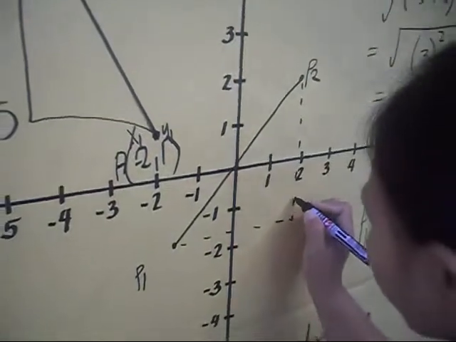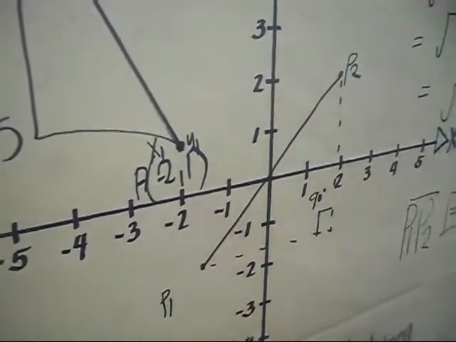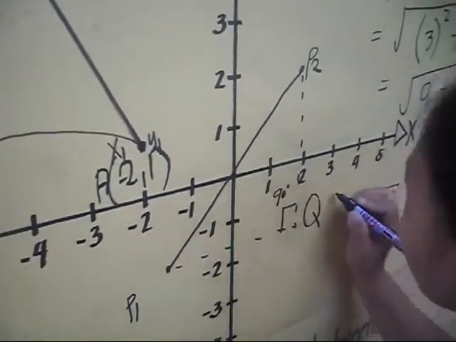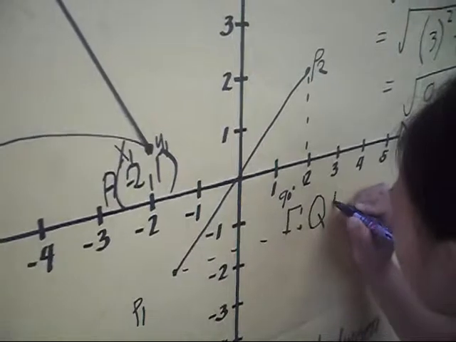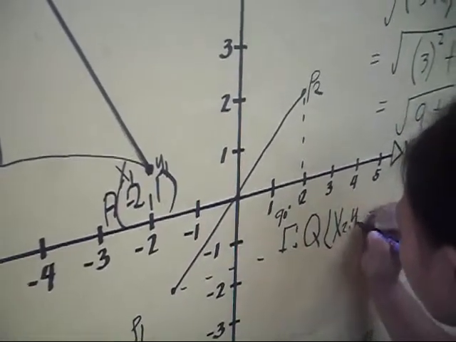Then here we form 90 degrees. And this is the Q of x sub 2 and y.